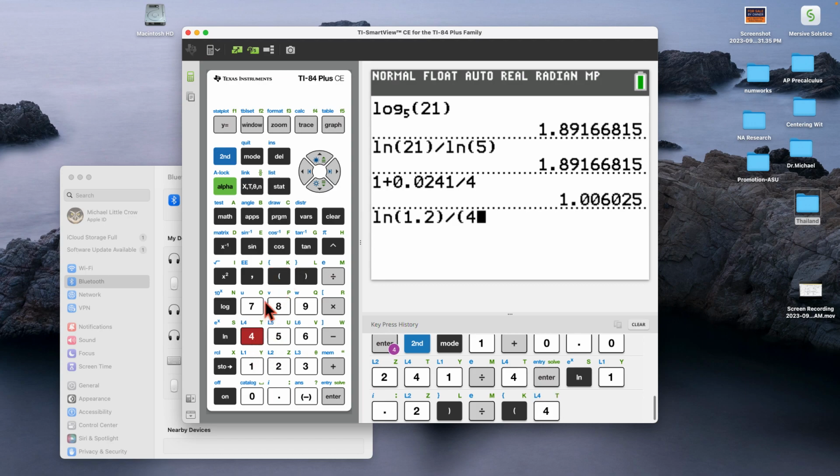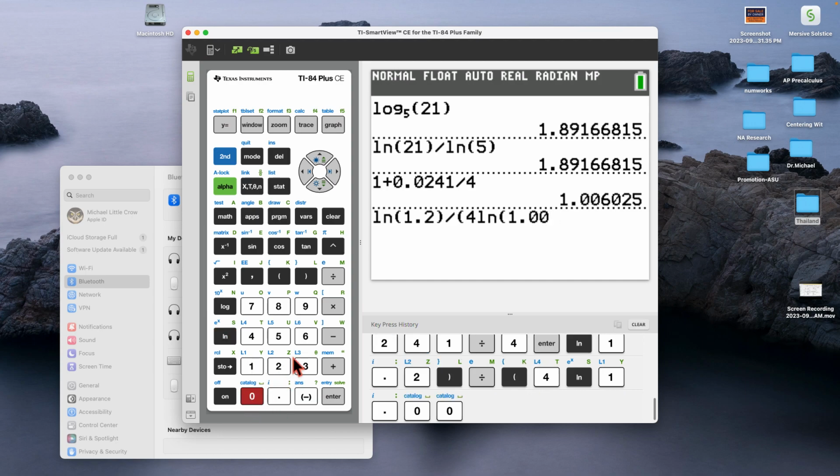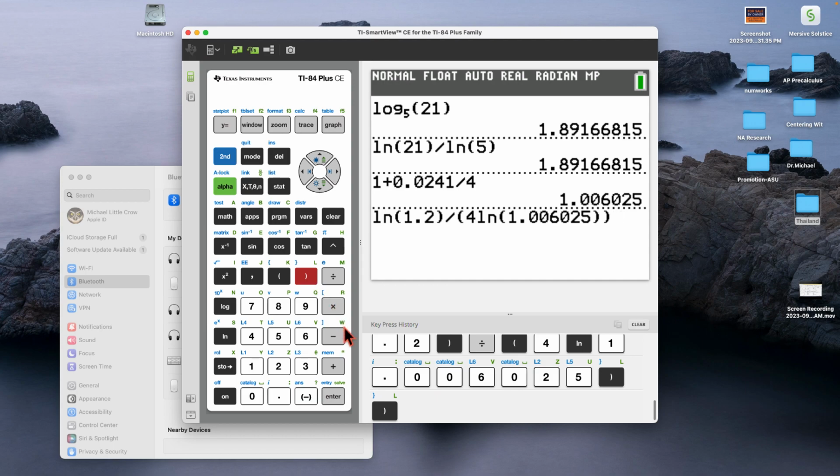So this was 4 natural log of 1.006025, and then one more parenthesis so that everything's in the denominator, and we'll hit enter. About 7.5 years, 7.6 years if we round it.